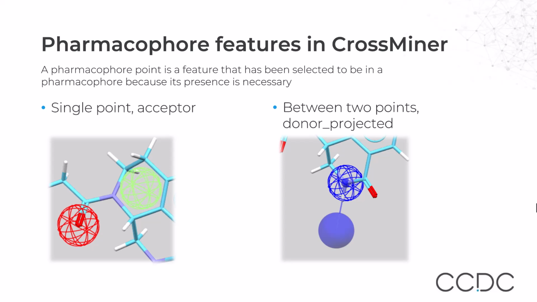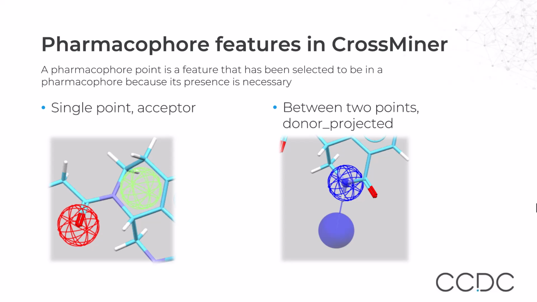To create a pharmacophore feature in CROSS-MINER, you need some pharmacophore points. Features can be described in several possible ways, but usually you need just 1 or 2 pharmacophore points to describe them. And the difference is that when you use just a single point, for example, when you describe a hydrogen bond acceptor, you use just the definition of any acceptor.